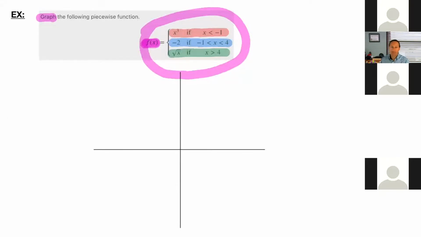Let's see how you guys did. Now, this does require a little bit of knowledge of how to graph certain functions, like a cubic, constant, and square root function. So hopefully you remember a little bit about those. Hopefully all of them, if not some of them.